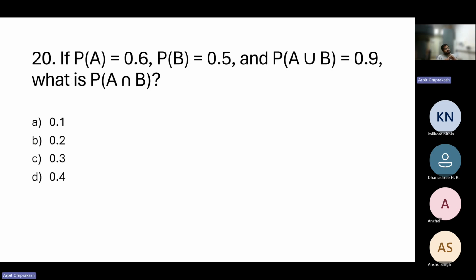Question number 20. If P(A) is equal to 0.6 and P(B) is equal to 0.5 and P(A union B) is equal to 0.9, what is P(A intersection B)? So you know the formula for P(A union B), which we just talked about, which is P(A) plus P(B) minus P(A intersection B).